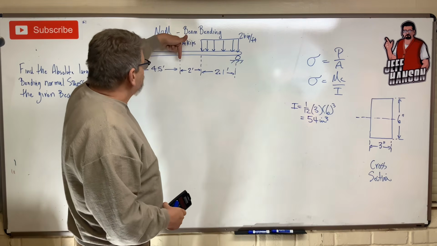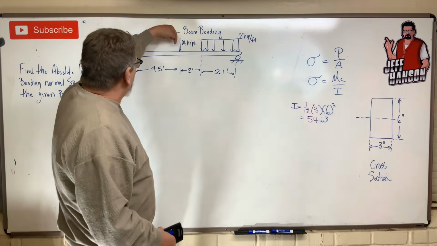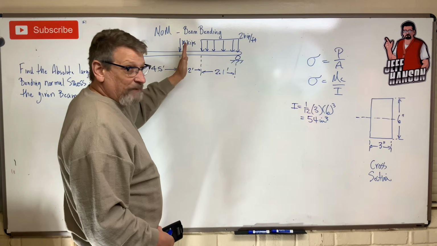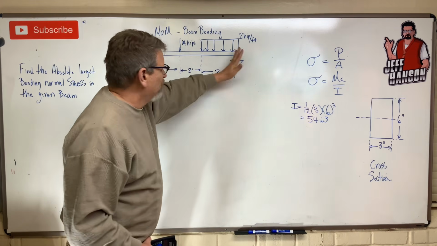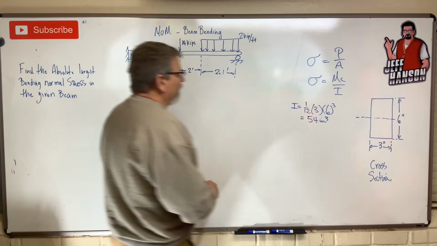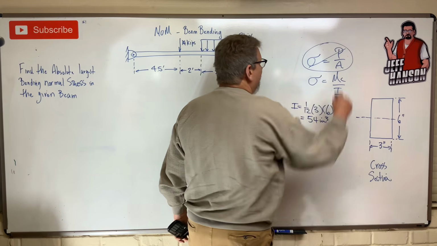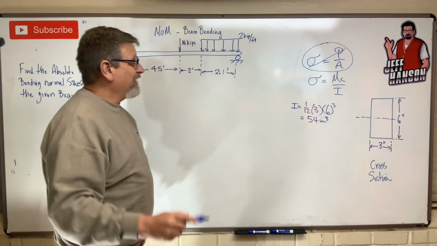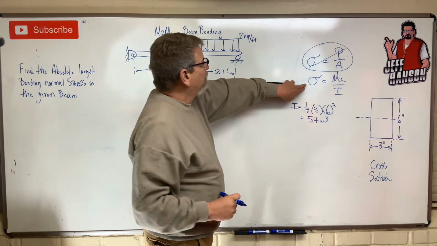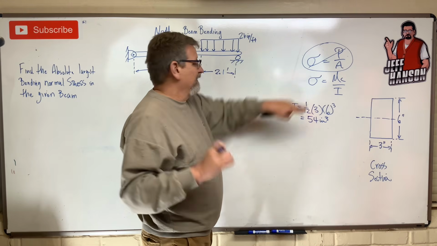Since all the forces are straight down, the answer is no. If that 14 was at an angle, then this section of the beam here would be in tension, and this section would be just along for the ride, but it's not at an angle. So on this particular problem, we're not going to have any of that. So always be sure and check that, because those two things could add together. On this problem, we're only talking about MC over I stress due to beam bending, okay?